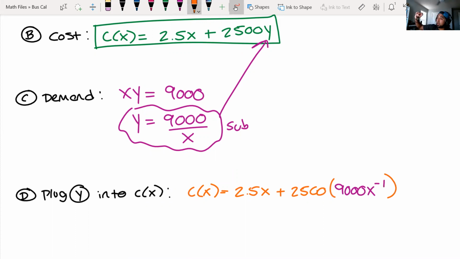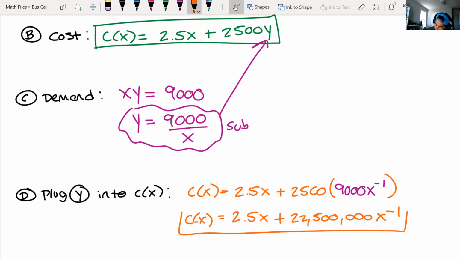Just take that X from the denominator and flip it up. Okay, clean up. 2.5X plus 9 times 2,500, you're going to get 22,500,000 X to the negative 1. There's our new cost function, all in terms of X.